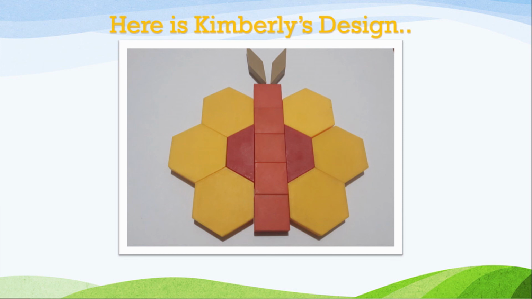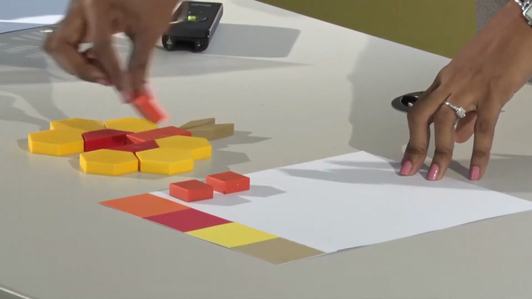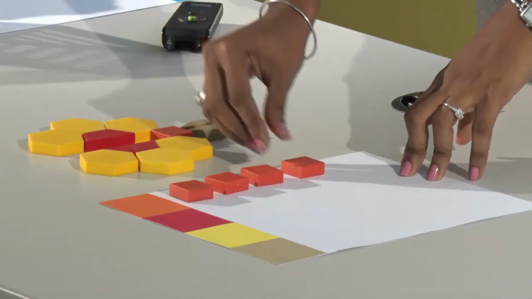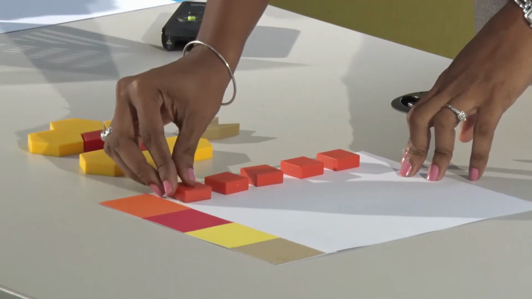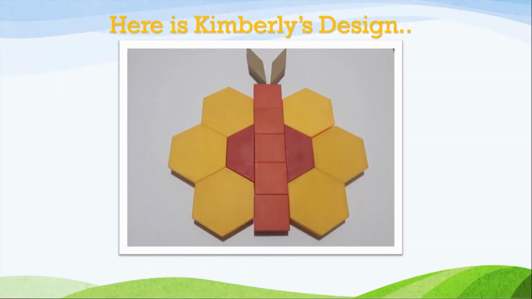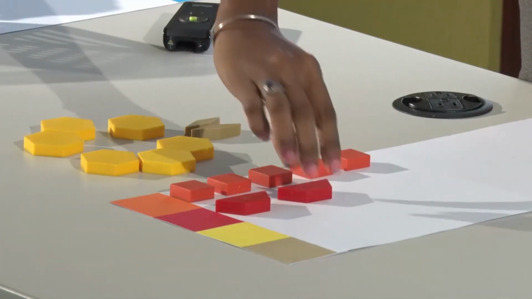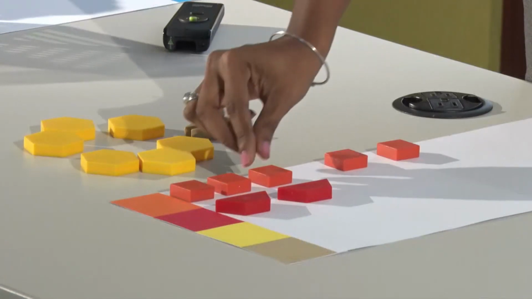Let's begin. We're going to start with the orange. And now we go to our red. 1, 2. So you sort these.